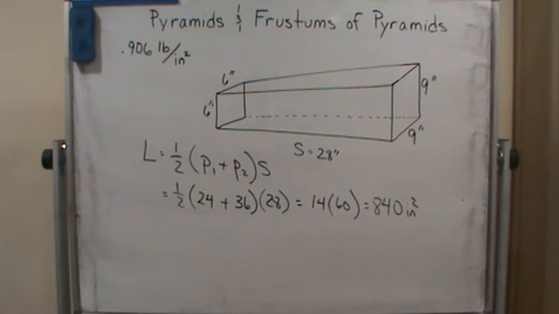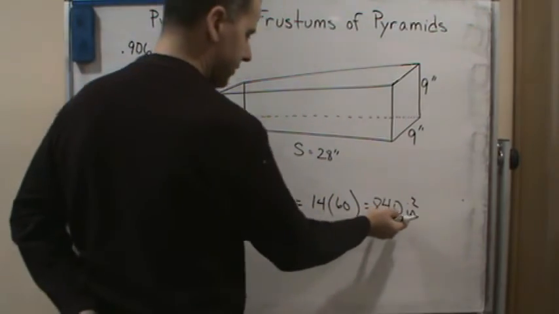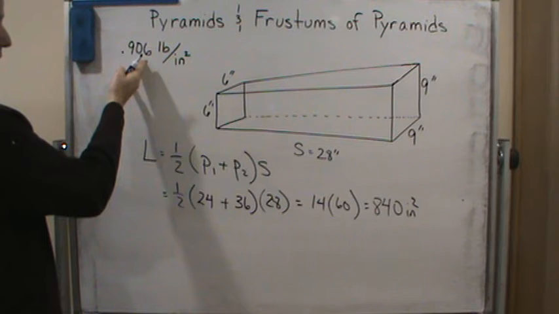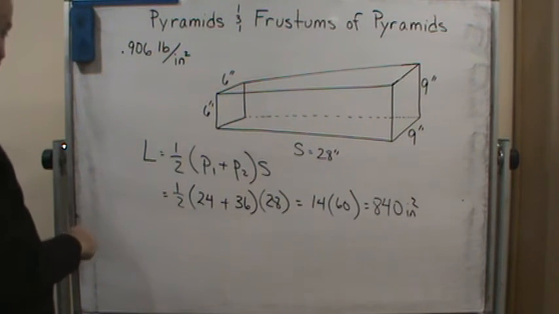Okay, that's the weight, based on surface area. And so now guess what? We've got the surface area, we've got the pounds per square inch, so the weight per surface area.